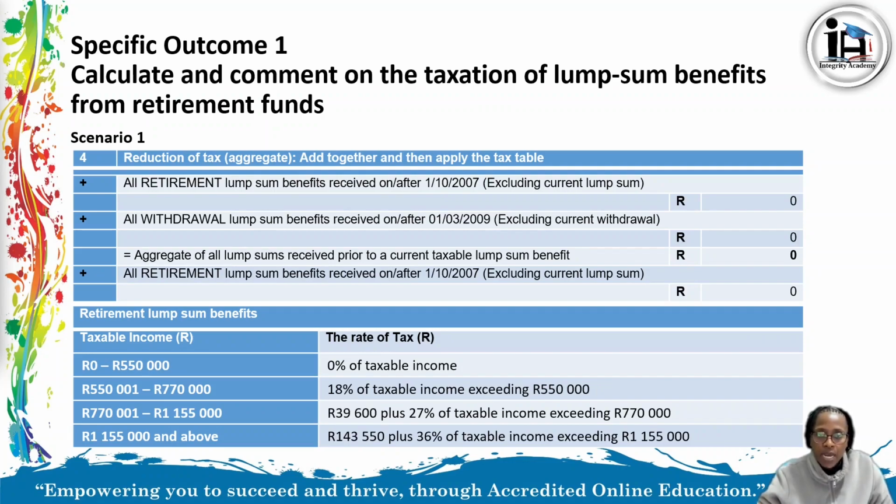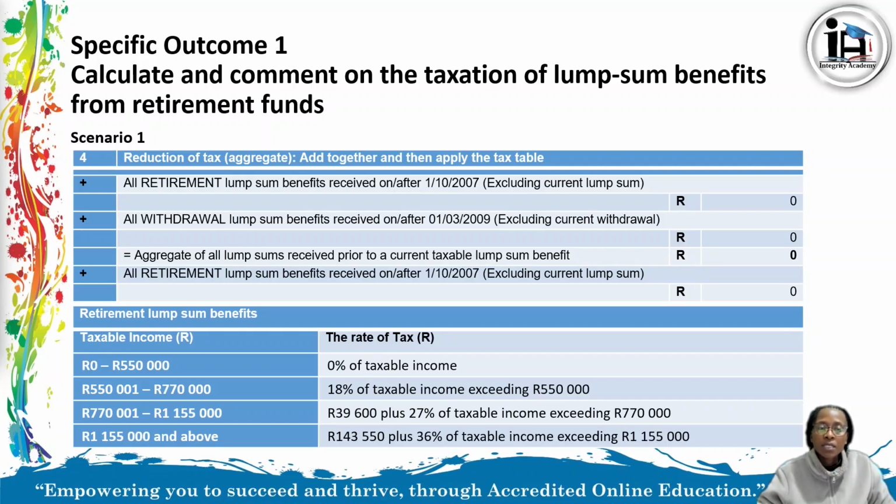Then number 4, reduction of tax aggregate. We add together and then apply the tax table. We add all retirement lump sum benefits received on or after 1st of October 2007, and we also don't have it, it's zero, and then we add all withdrawal lump sum benefits received on or after 1st of March 2009, which is also zero.